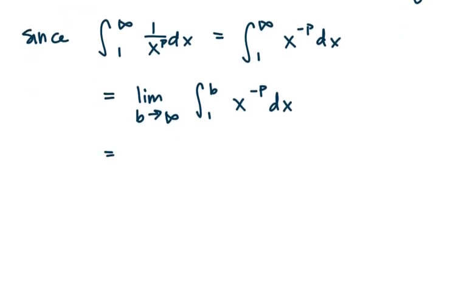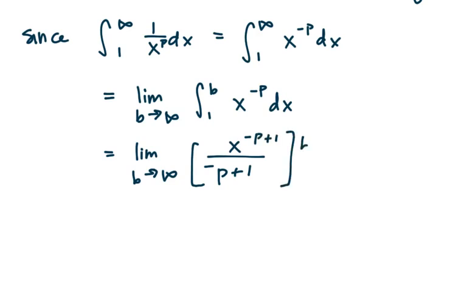So integrating, the limit as b goes to infinity, you add 1, so I've got negative p plus 1, and that goes into the denominator, over x to the negative p plus 1 from 1 to b.